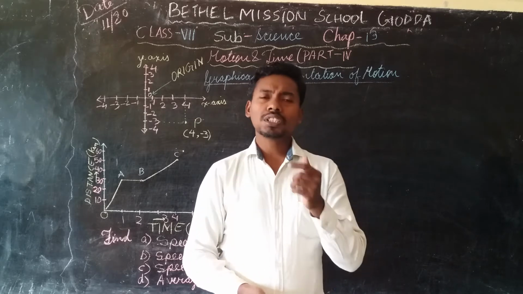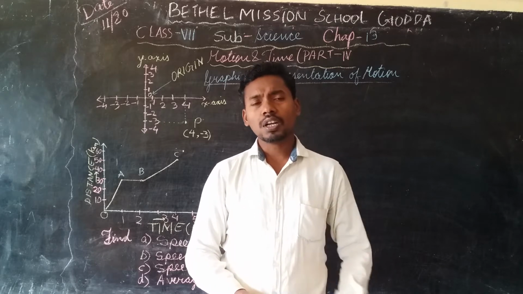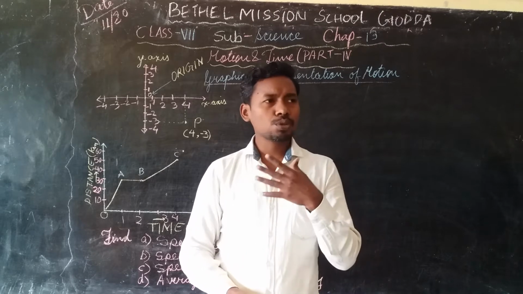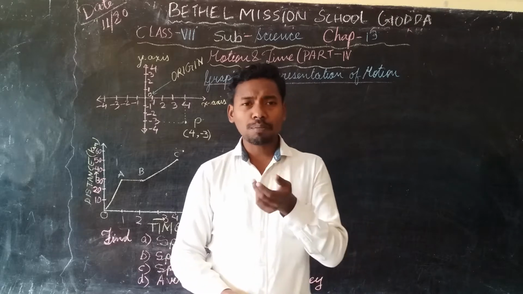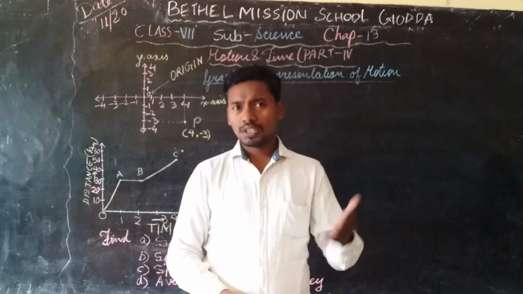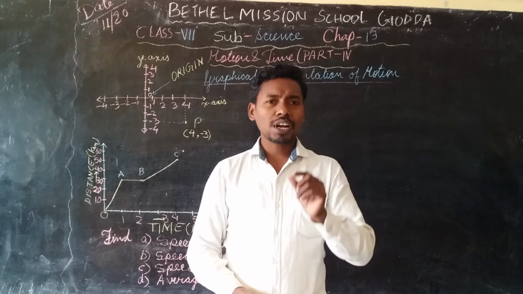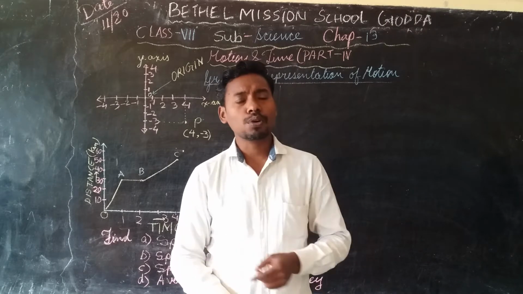So the position that you talk about yourself, that at what place or what position you are, you need to say a landmark, means you put on your position with the help of a reference of something. For example, you are at home, that means home is your reference. If I go to your home, I will find you.